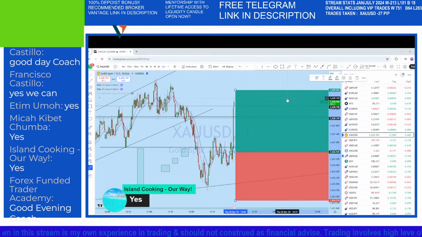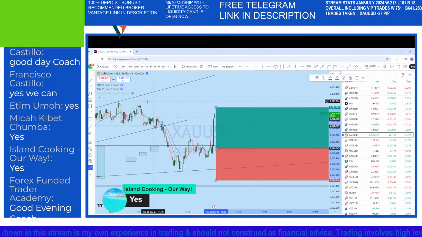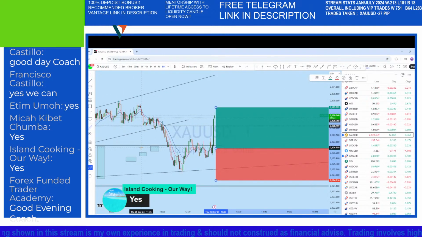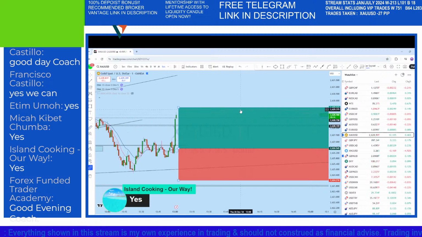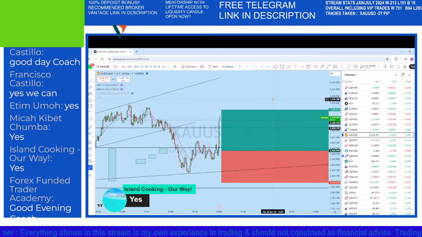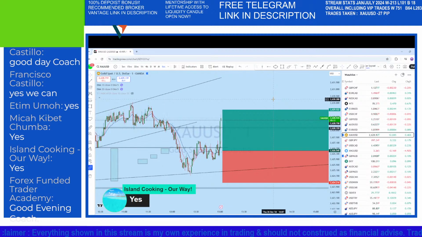Got a reaction. And how many pips here? 27. If it is going there, 30 pips will cover the previous trade plus some extra profit pips.